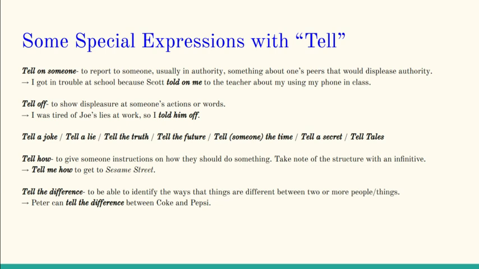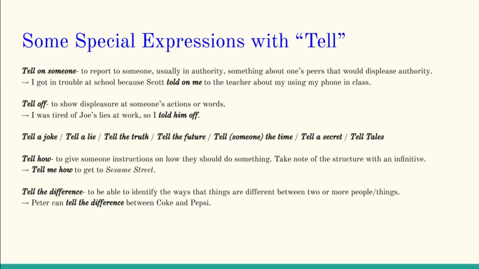of these. Perhaps you've heard tell on someone. If you've ever seen a mafia movie, where they rat on someone or they snitch, they tell on someone who's talking to the FBI or the police. When someone is sharing information about someone else to authority, it could be a teacher, a boss, the FBI, the police, or something, you would tell on them.